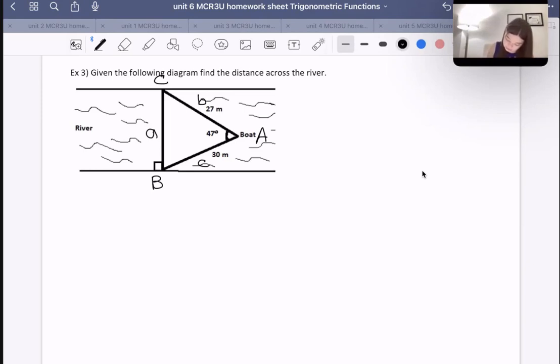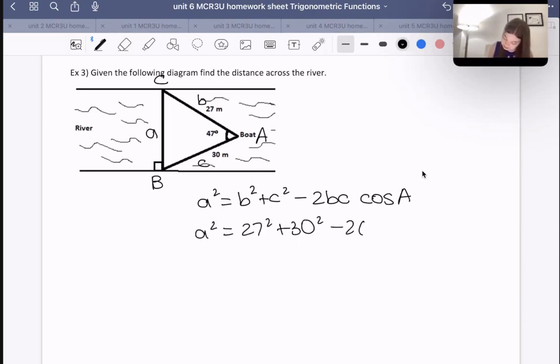So we know that A squared is equal to B squared plus C squared minus 2BC times cosine of angle A. Therefore, A squared is equal to 27 squared plus 30 squared minus 2 times 27 times 30 times cosine of 47 degrees.